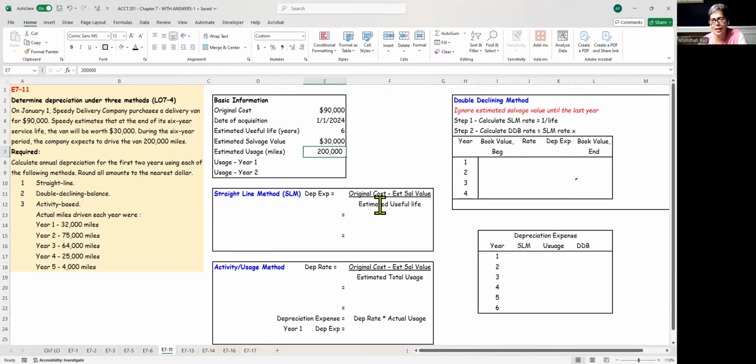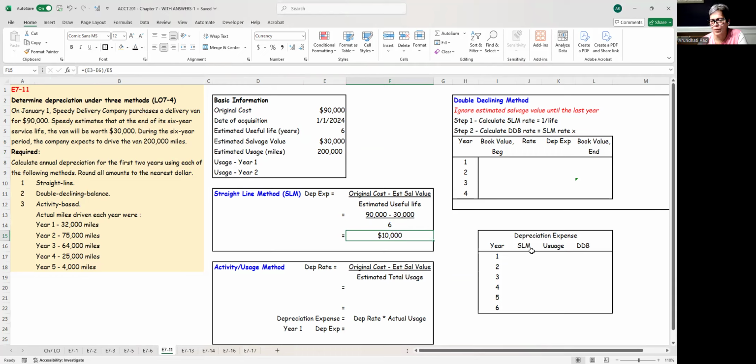This is going to be spread evenly over the estimated useful life. So here in this exercise, the original cost is $90,000. Estimated salvage value is $30,000. That's in the numerator. That will be $60,000. And the life is 6 years. So 90 minus 30 is 60,000 divided by 6. That gives me the annual depreciation at $10,000 per year.